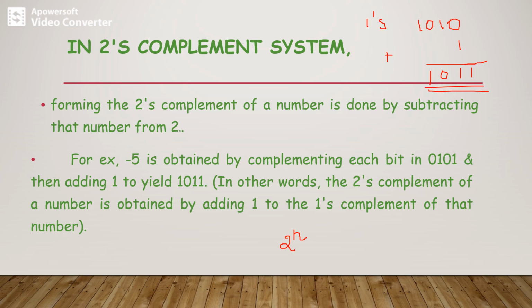So the 2's complement can be obtained by subtracting the positive number from 2 power n, or else we can compute the 1's complement first and add 1 to the 1's complement value. That means the 2's complement is the 1's complement of the number plus 1.